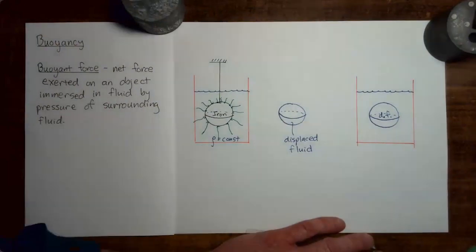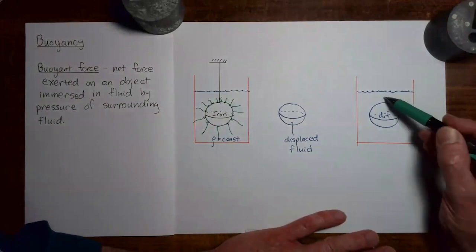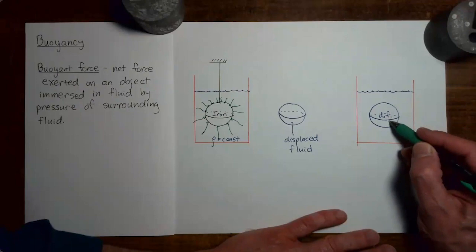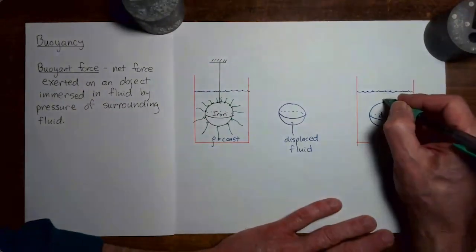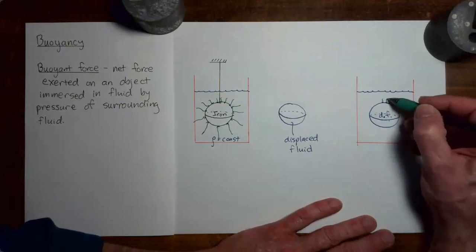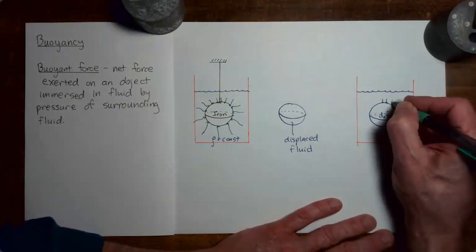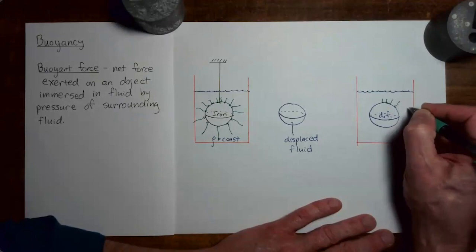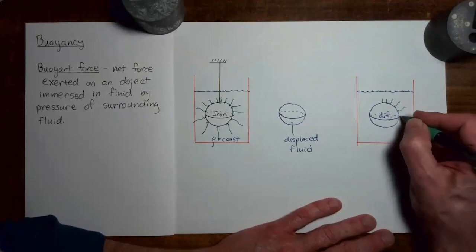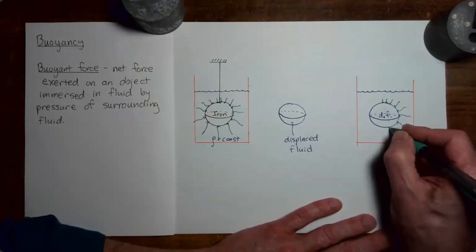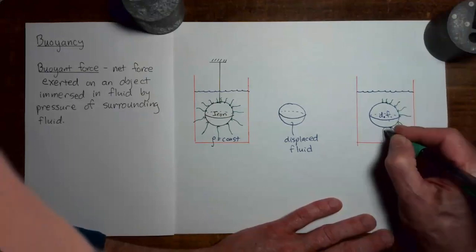Let's first ask ourselves, what would be the effect of the surrounding pressure on this blob of displaced fluid that we swapped back in? Well, we can start by drawing in squiggly arrows to represent pressure pushing down on the top. Then we go around the sides, and as we go around the sides, the strength of the pressure increases and the direction in which the pressure acts changes as well.